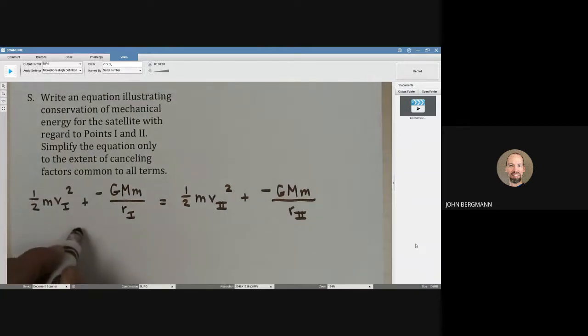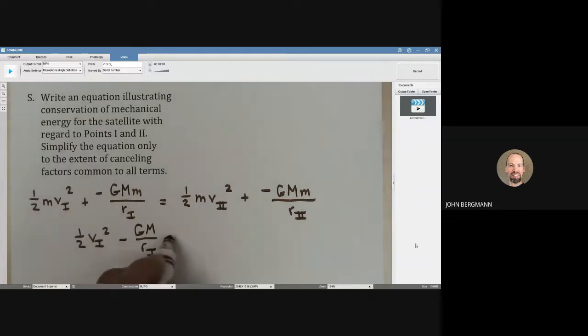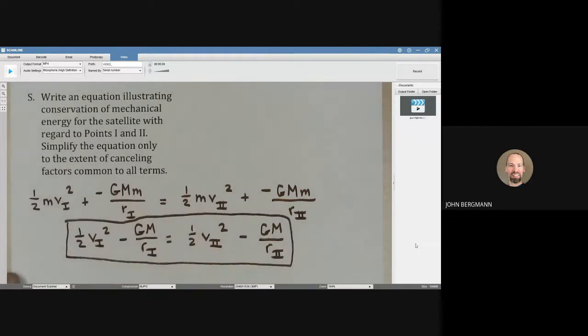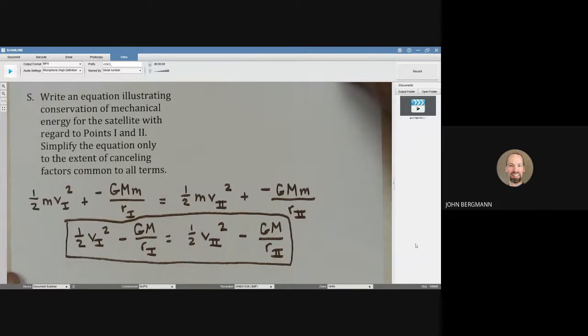So this will simplify to 1/2 v1 squared minus G big M divided by R1, and that's going to equal 1/2 v2 squared minus G big M divided by R2. That's conservation of mechanical energy for this case. And mechanical energy is conserved because there's no friction in space.